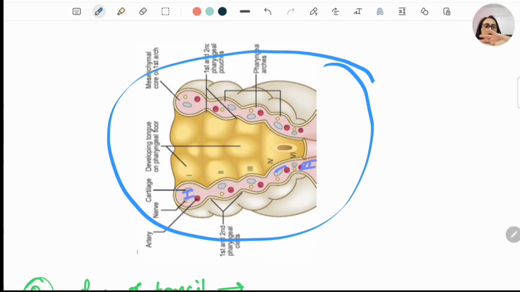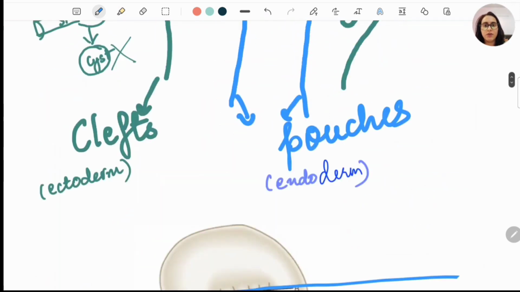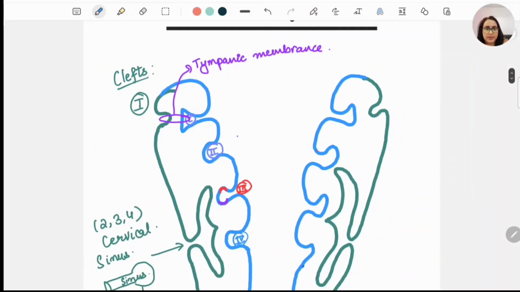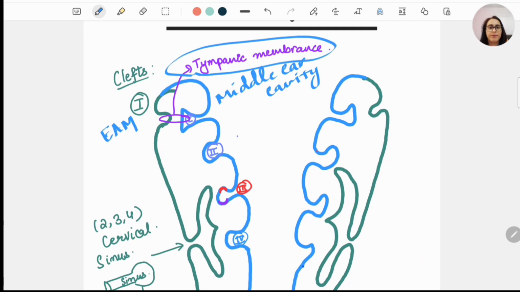Once we rotate this image, we are going to get a structure like this. The derivative of the first cleft is on the outer side, that is going to be the external auditory meatus, that is the external ear. From inside, the pouch is going to be the middle ear cavity. And in between there is a tympanic membrane.